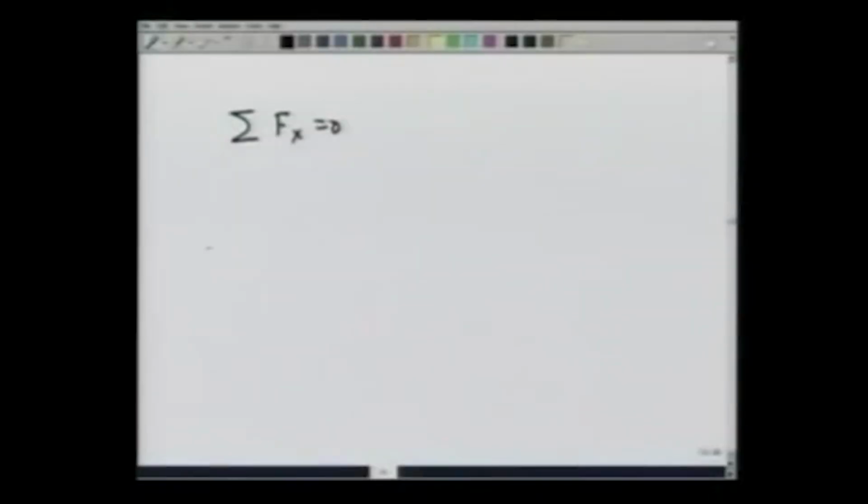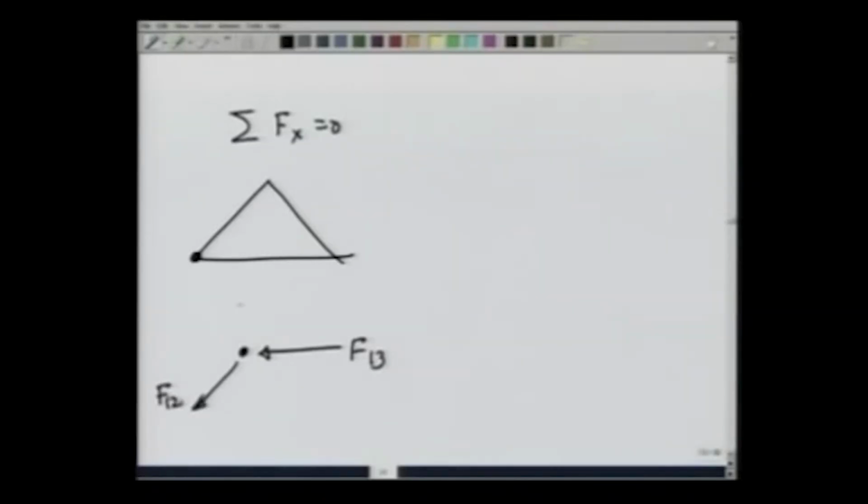summation Fx is equal to 0. I recall that I am talking about this pin. On this pin, there is a force this way, F13, F12 and W by 2. This angle is 60 degrees.